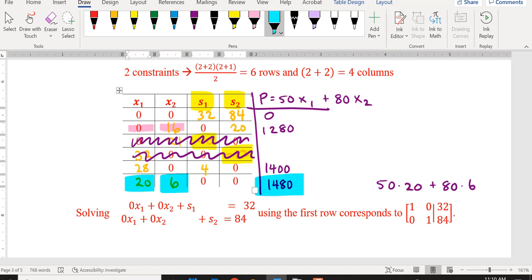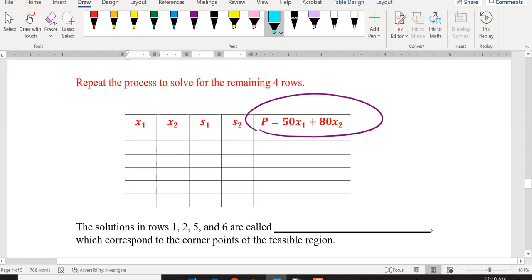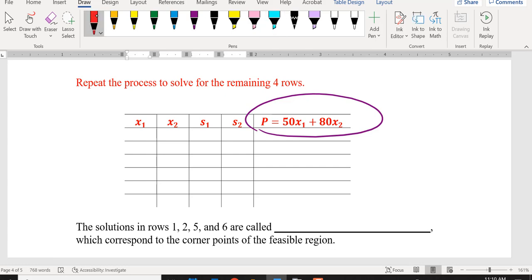Okay, going down, let's see if we've answered everything. The solutions in rows 1, 2, 5, and 6, where the slack variables were not negative, are called basic feasible solutions.